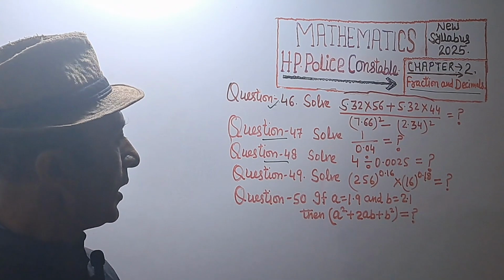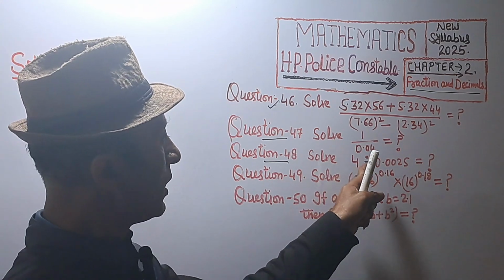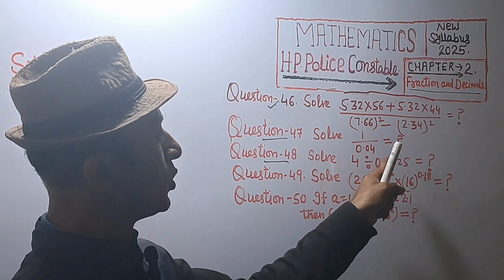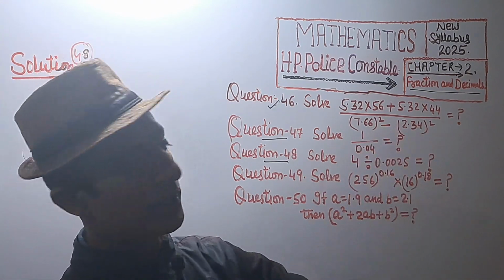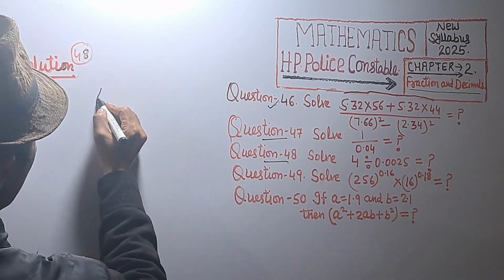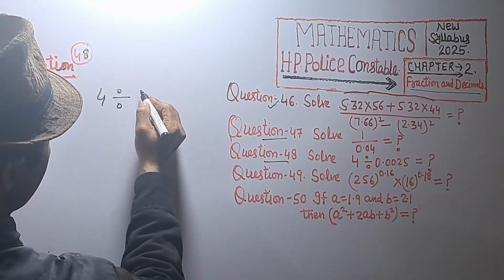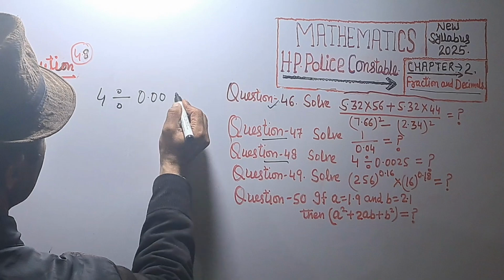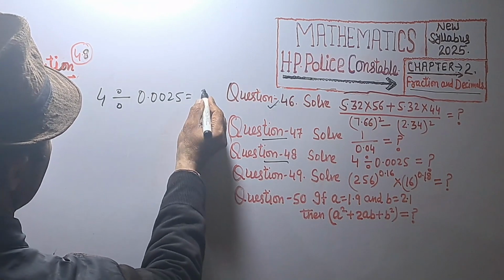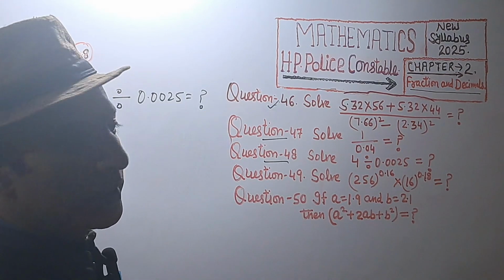Next question 48. Solve 4 divided by 0.0025 equal to question mark. Next question is 4 divided by 0.0025 equal to question mark.